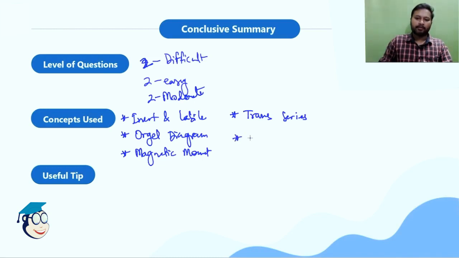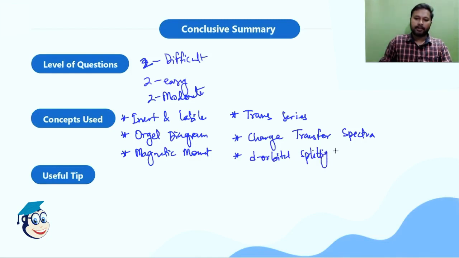And the last one was charge transfer spectra. And one more, d orbital splitting, or a molecular orbital diagram of that, molecular orbital theory related to that. So these were the concepts used to solve the questions.